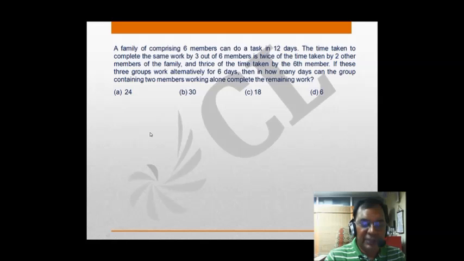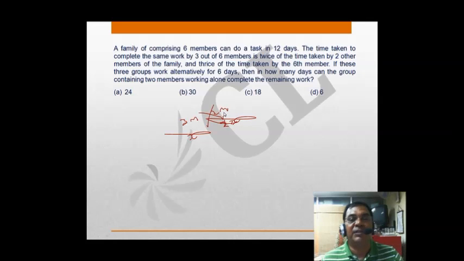So if I write 3 members, they do X work, 2 members do Y work. And thrice the time taken by, we would say 2x. Now I'm getting a little confused.